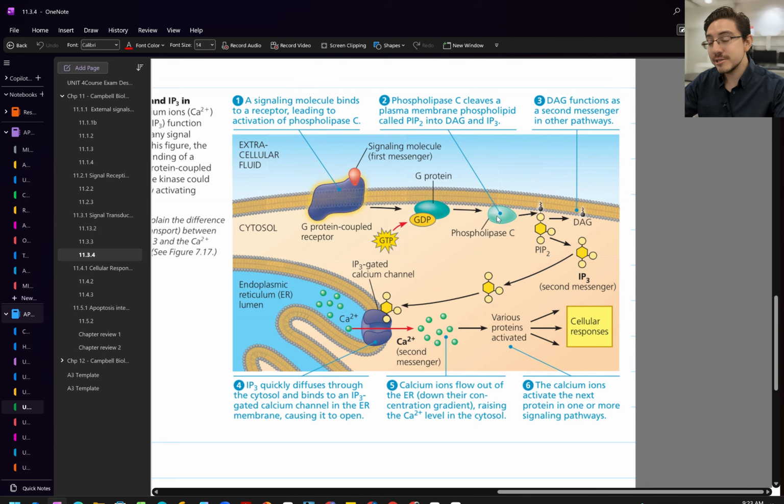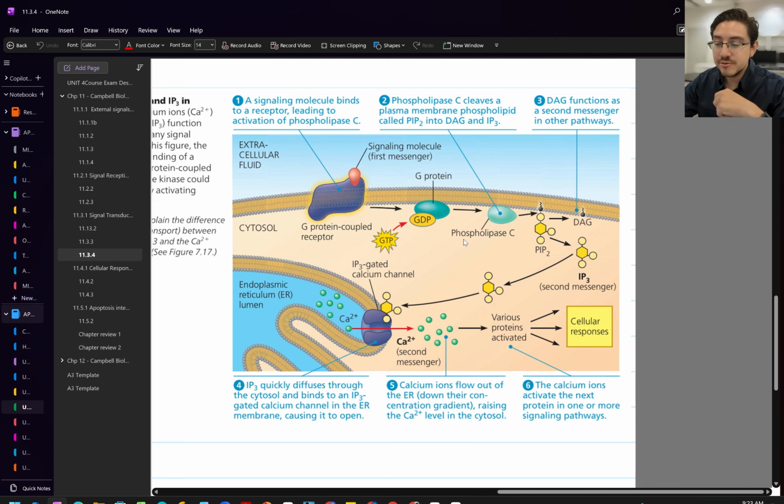In this particular case, you have phospholipase C. This phospholipase C will then cleave some compound. In this case, you have PIP2, which has this little submolecule. Ultimately, this compound will create inositol triphosphate and this DAG molecule.